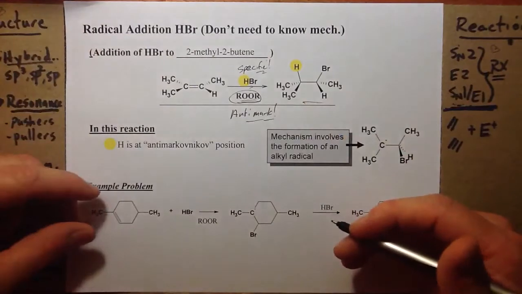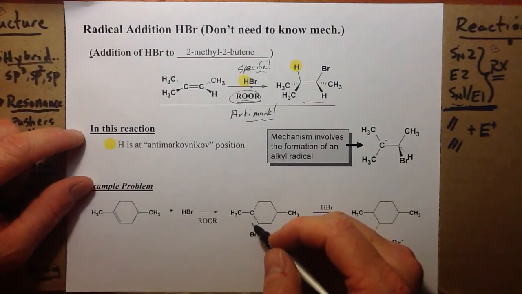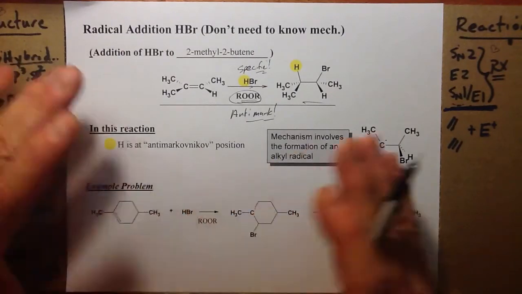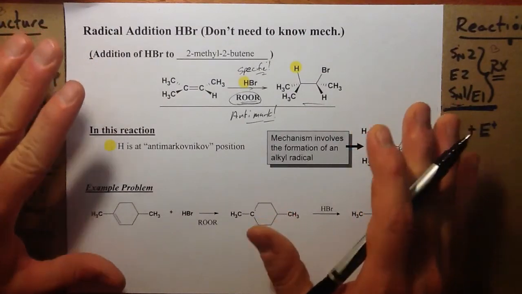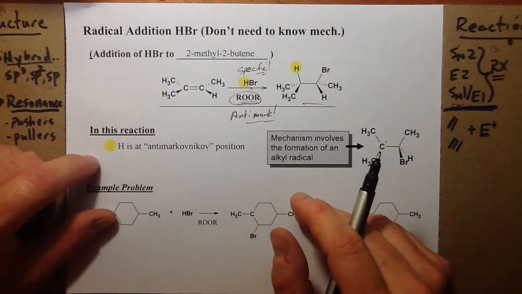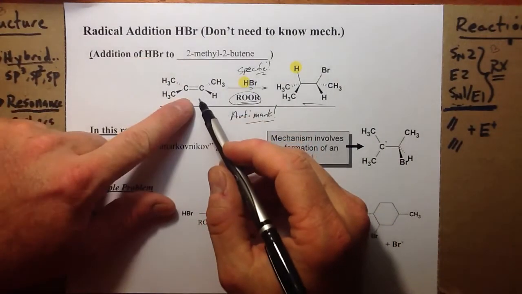Now, mechanistically, there's more to the story. It has to do with the radical stability that we initially make in the reaction. But for sake of time, I'd like to leave it there as far as what needs to be known regarding the anti-Markovnikov addition of HBr to an alkene.